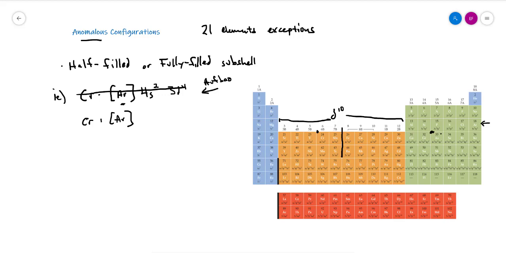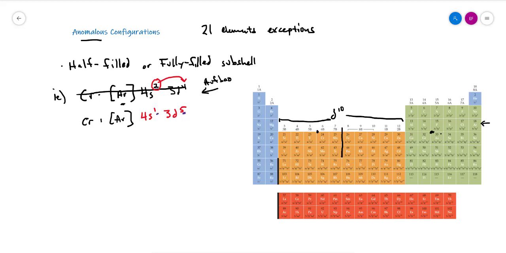So what this anomalous configuration does is actually take one of these electrons from the lower energy 4s and shove it into the 3d, because a half-filled 3d set is actually more stable than what the Aufbau would have predicted. And so instead we get a configuration that looks like this, where this half-filled configuration has 3d5, and this is 4s1.